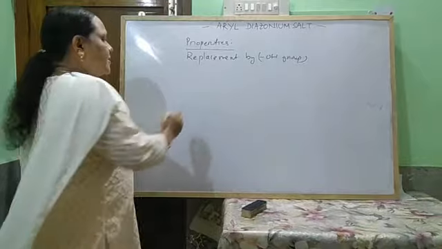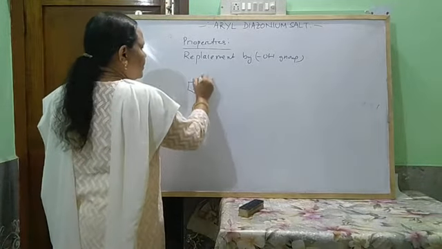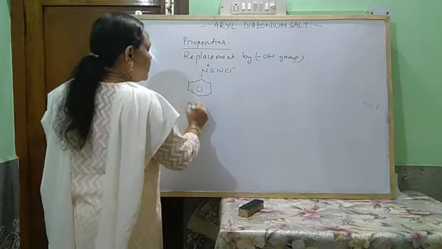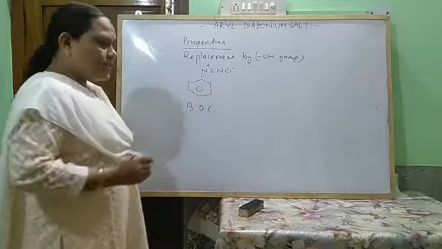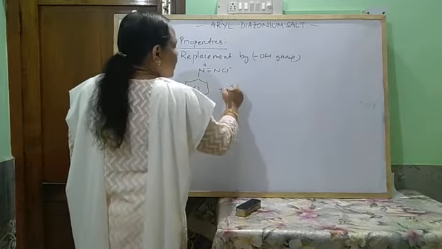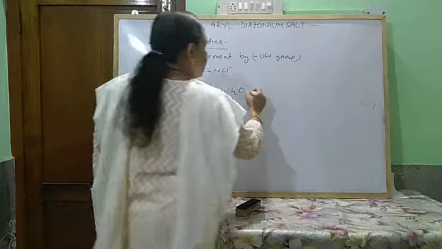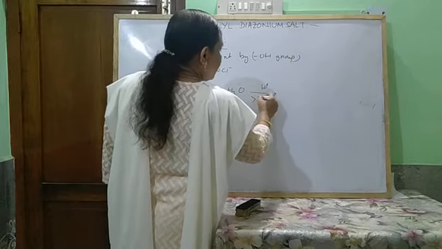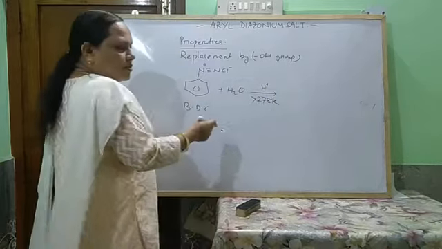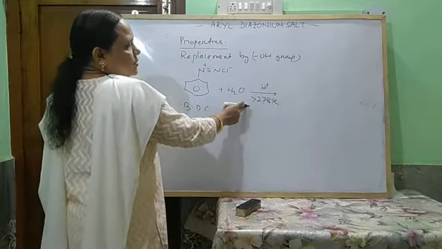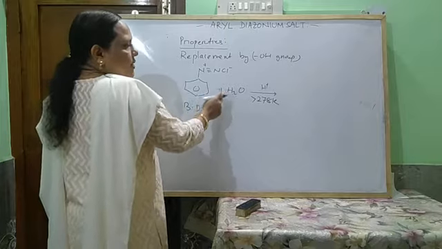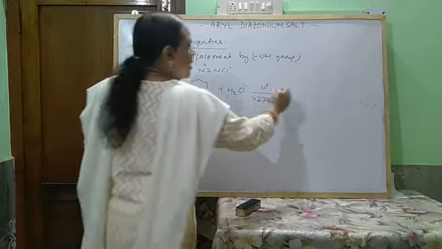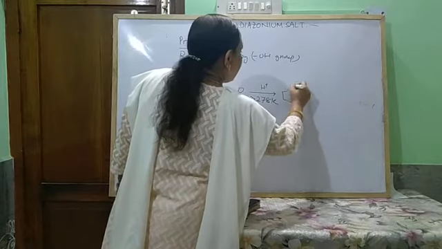So when an aqueous solution of benzene diazonium chloride is heated in acid medium, just warmed to greater than 278 Kelvin or more than 10 degrees Celsius, it forms phenol.